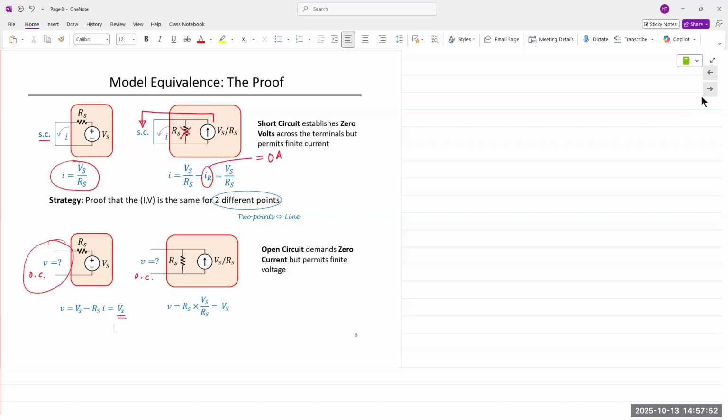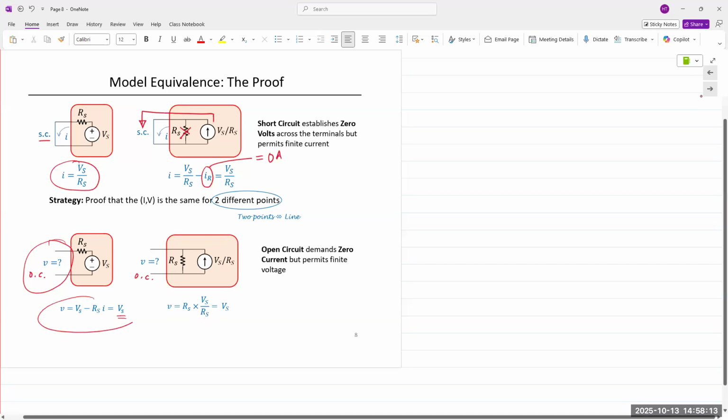The only way a voltage across a resistor is equal to 0 is if both ends of the resistor are at the exact same electrical potential. So if you have Vs at one end of the resistor, then you have Vs also at the other end of the resistor. And the mathematical proof is right here.